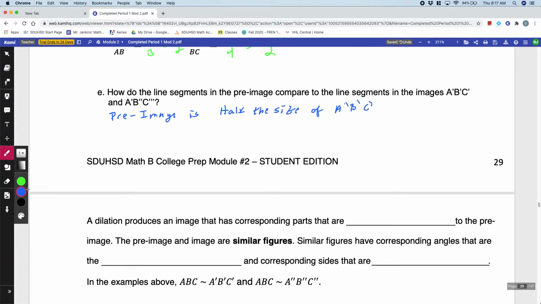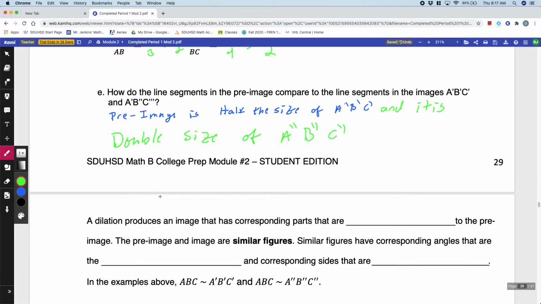And then I'll switch colors. And it is double the size of A double prime, B double prime, C double prime. Okay, so it's half the bigger size and it's double the smaller one.